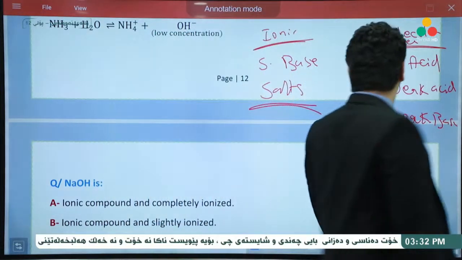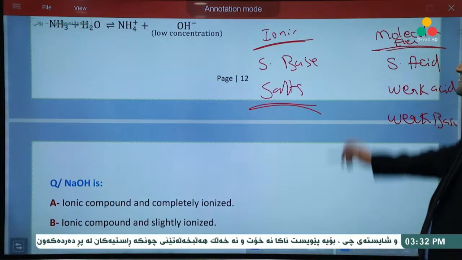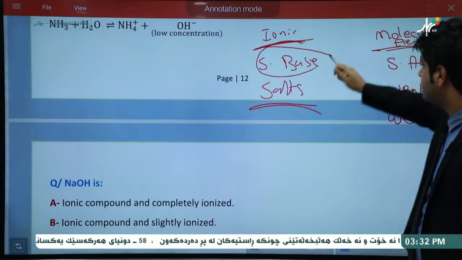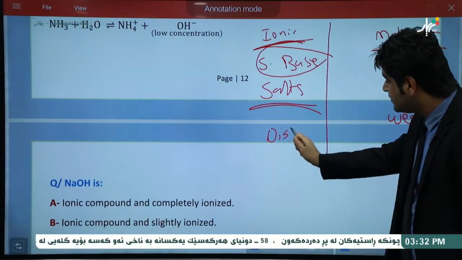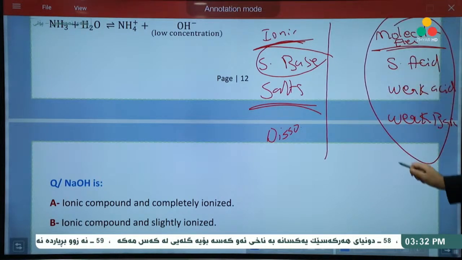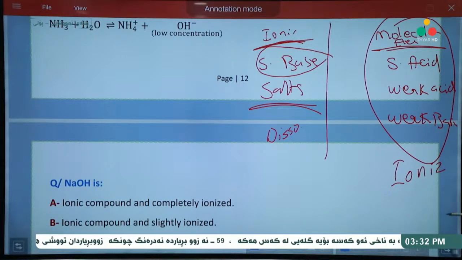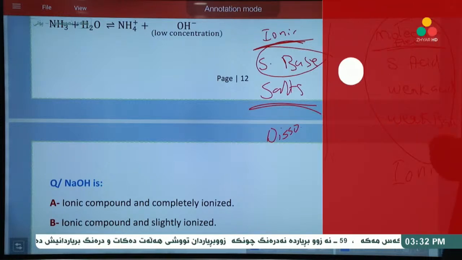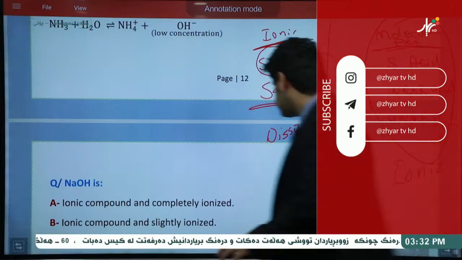Ionic compounds can dissociate completely, strong base. So they dissociate, but the molecular ones are ionized. Understand that? So write that down and transfer it into your notebook exactly like this.